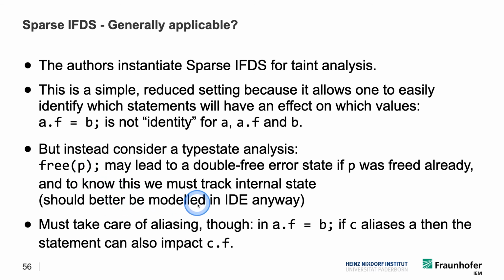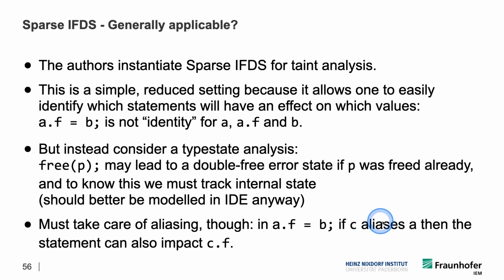Another important case is actually aliasing, right? So take another look at such a statement here. Here we have a situation where A.F is being assigned the value B, but now assume a situation in which a variable C aliases with A, okay?